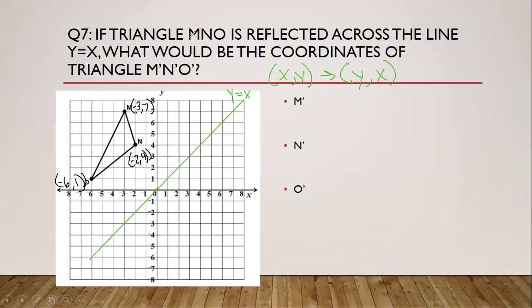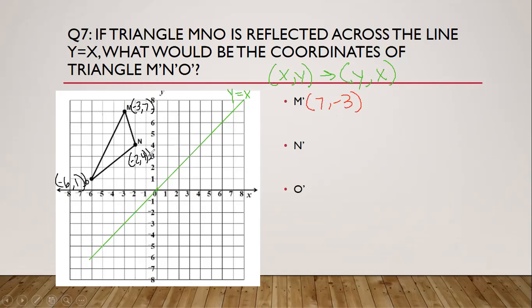Okay. So if the rule is that each one of these points just flips, that means I'm going to take each one of these and flip them to be the reflected triangle across the line y equals x. So M is at (-3, 7), so M prime is at (7, -3). Basic, literally, you switch them.